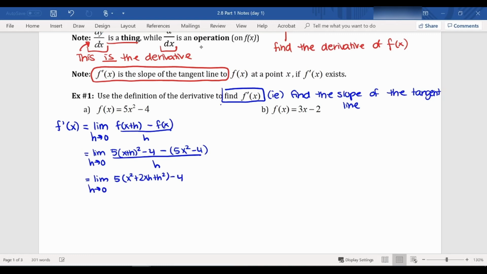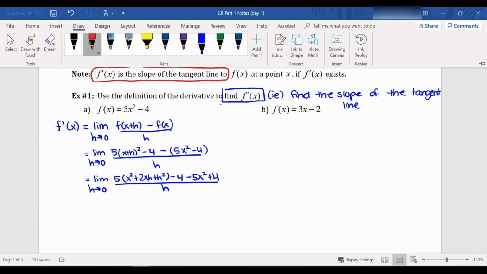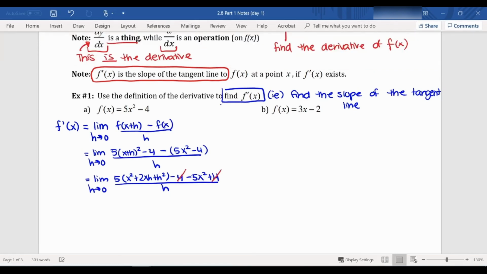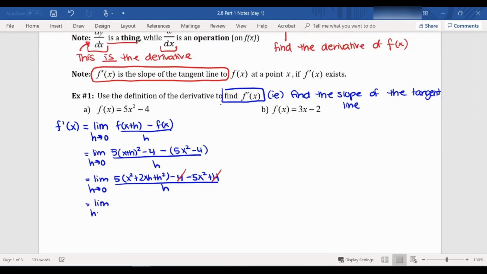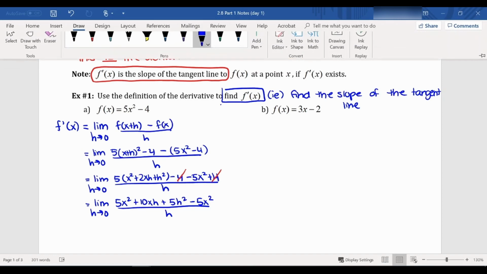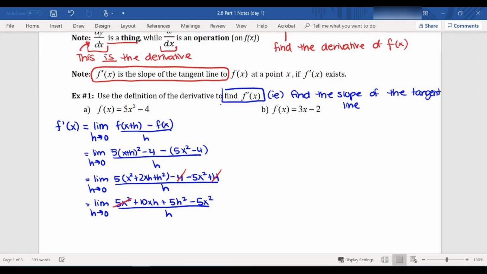If I expand the first brackets, if I expand the second brackets, then I can see that I can cancel out my 2 4s. Now, you may also notice here that your x squareds are going to cancel out, but you might not. If not, we would keep going. We're going to expand the first brackets again. And now we can see that our x squared terms will cancel out.